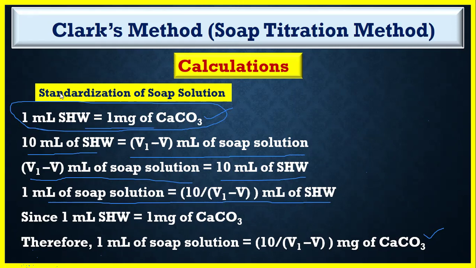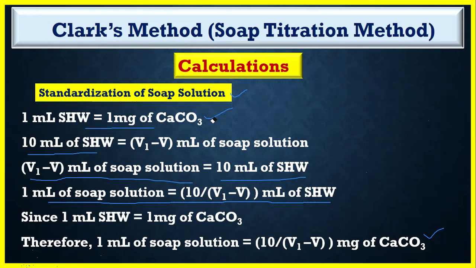As I mentioned earlier, standardization of soap solution means finding how much calcium carbonate equivalent each ml of soap solution is equal to. So now we conclude that 1 ml of soap solution is equal to 10 divided by V1 minus V milligram of calcium carbonate equivalent.